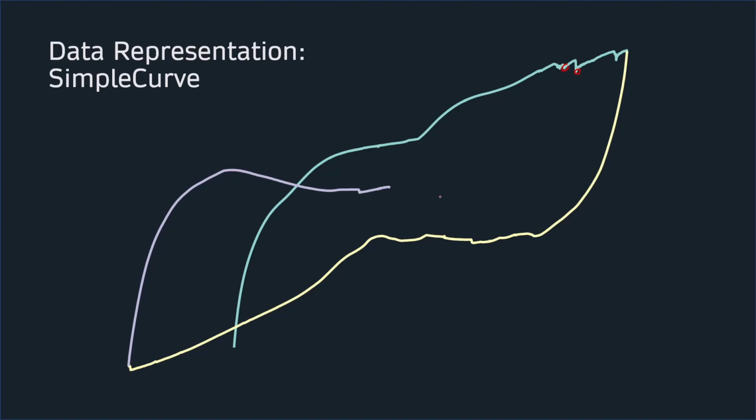We can even go a step further. There's another representation, the monotonic curve, and monotonic curves do not change in the y direction. So a monotonic curve, and again, we're seeing some small slips here, but the curve is basically going in one direction in both the x and the y.